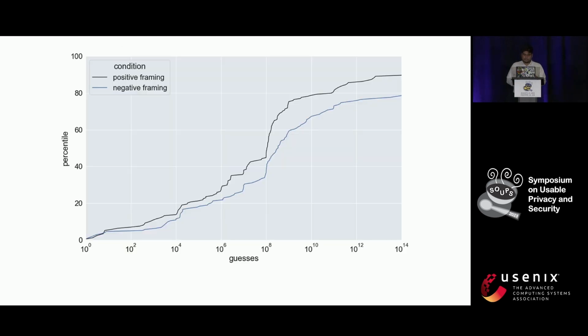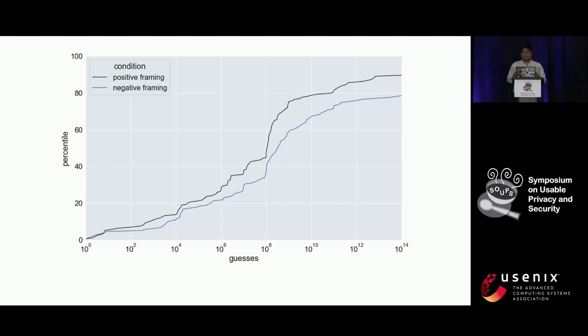Here we have the total population's final password strength. On the x-axis, we have the number of guesses it would take for a password to be cracked, and on the y-axis we have the percentiles.